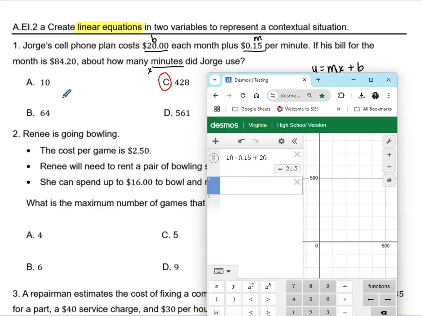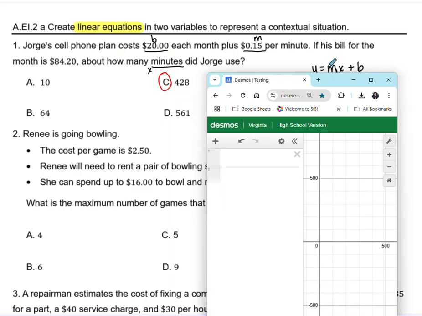Let me look at the other options. 64 minutes times 15 cents plus $20 is about $30, that doesn't work. If you use 428 minutes and he paid 15 cents a minute plus the $20 fee, that's $84.20. So we know this answer makes sense.